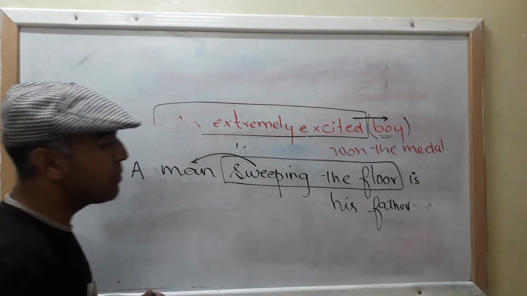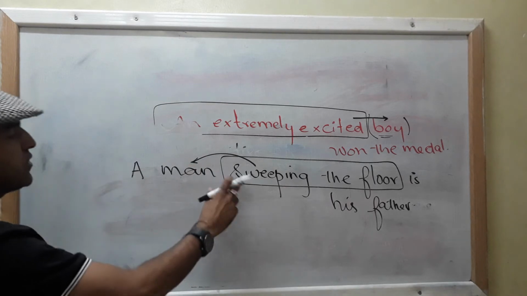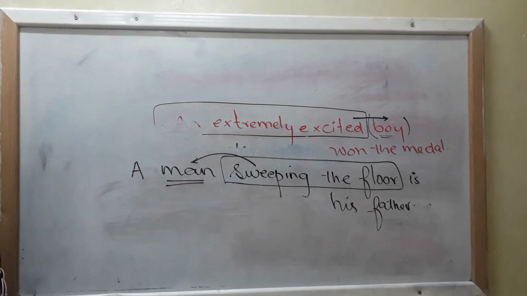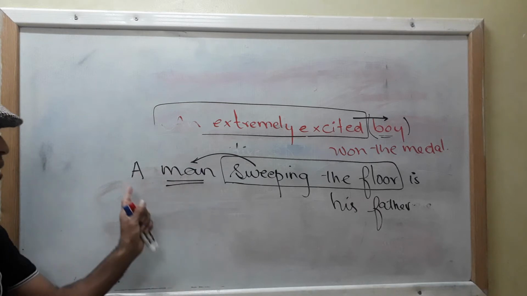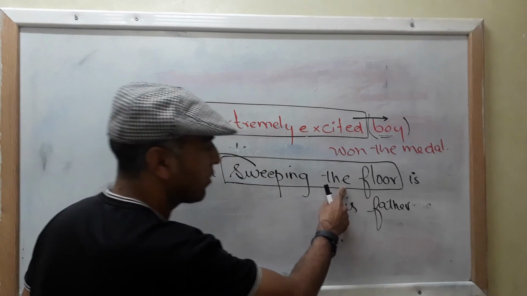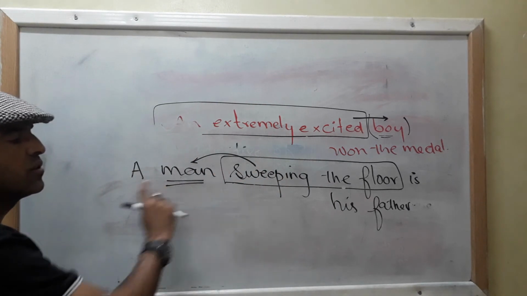So, a man sweeping the floor: this is a group of words functioning as an adjective phrase because it is telling you something about your noun man. A man, which man? Sweeping the floor. This is additional information about man.